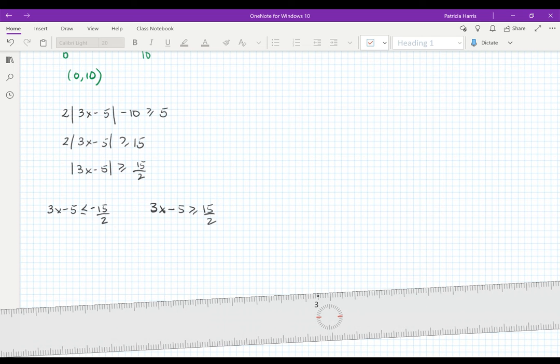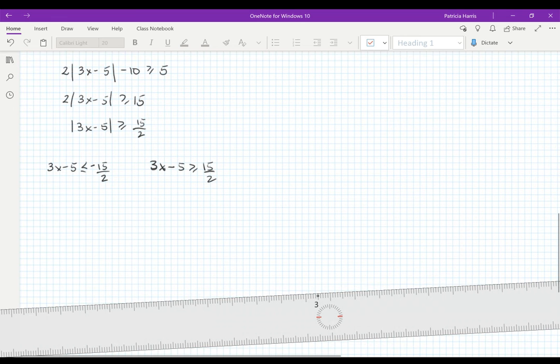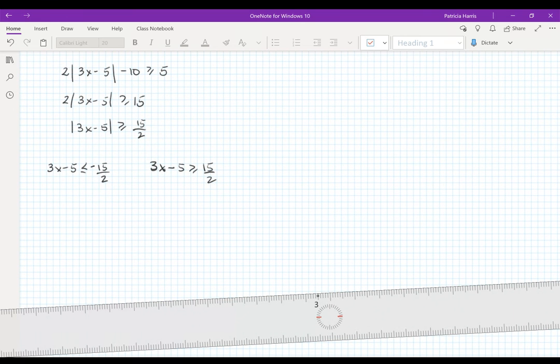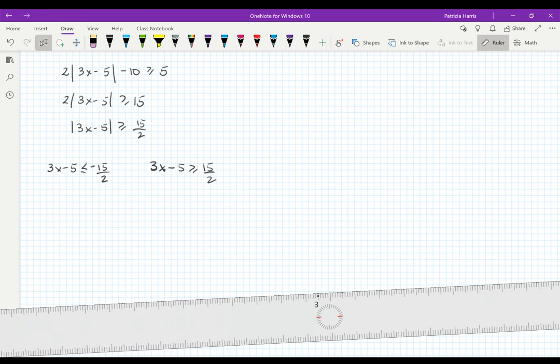Now you do have an option here. You can clear the fraction. If you multiply everything by a 2, you're not going to change the inequality symbol because it's a positive 2, but you are going to clear that fraction out. So let's do that. I'm still going to get a fractional answer, but it's going to happen at the end.